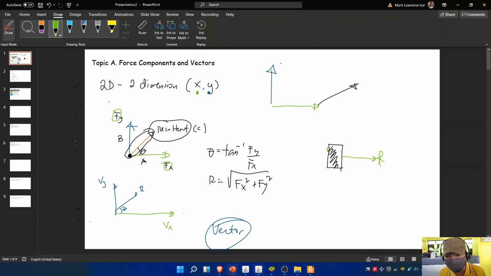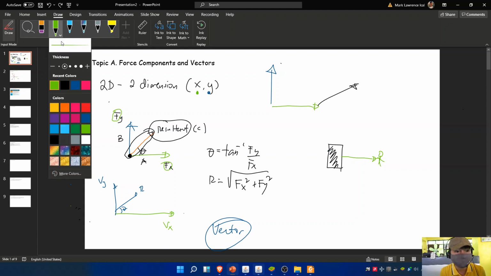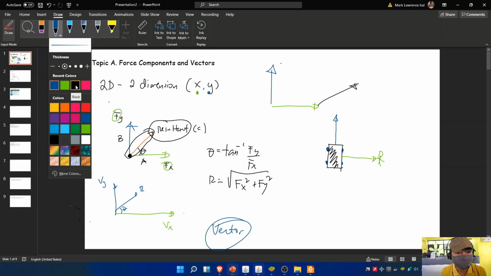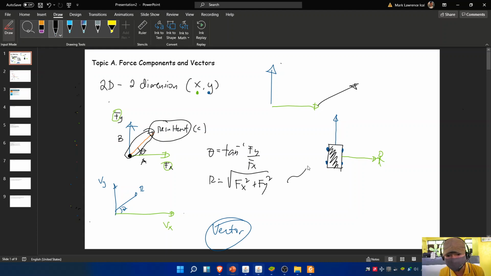Tapos meron siyang engine, tapos padiretso siya straight ah. Straight lang siya. Okay? Tapos let's say na merong third force na hangin.